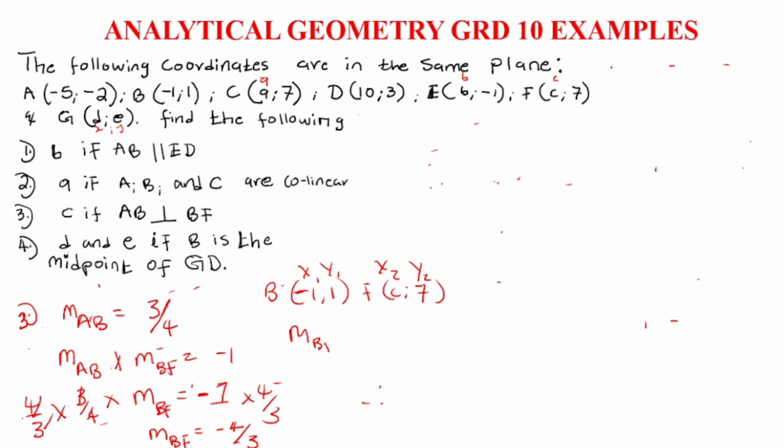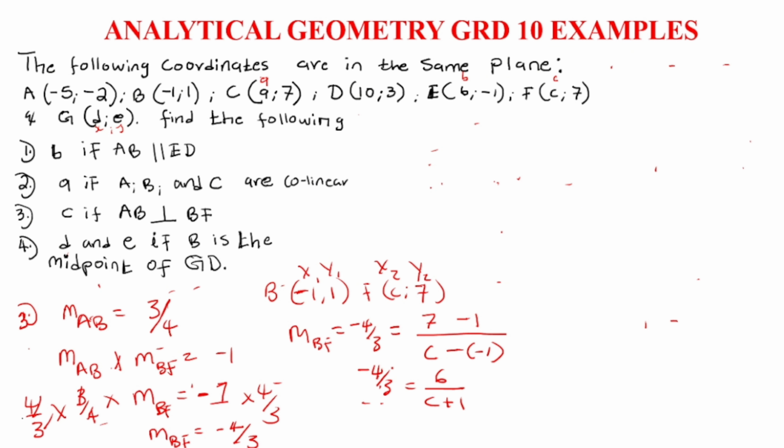The gradient of BF, which is equal to -4/3, should be equal to 7 minus 1 all over C minus -1. If you simplify here, we have -4/3 equals 6 all over C plus 1. Then we do the cross multiplication here.